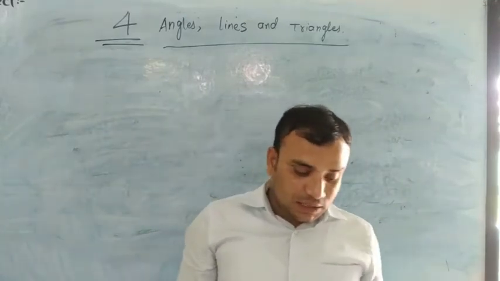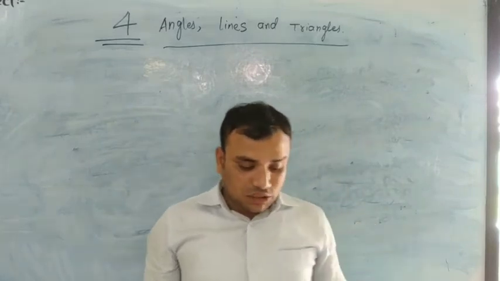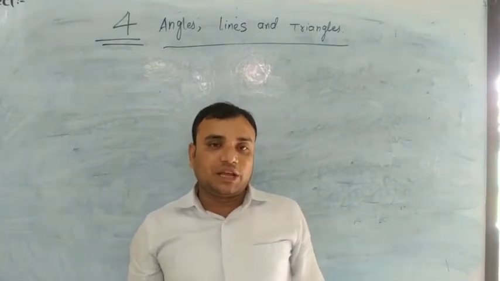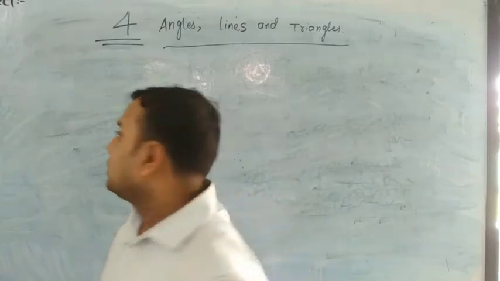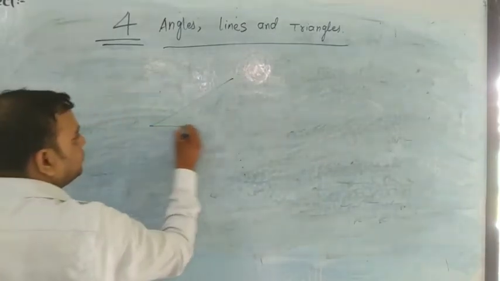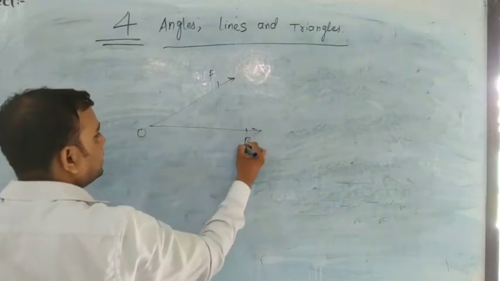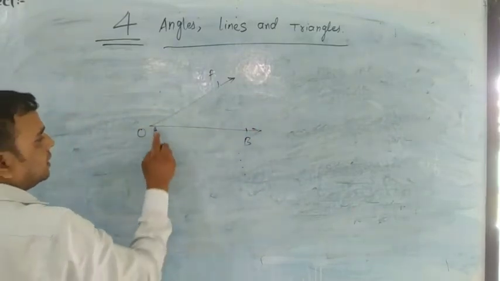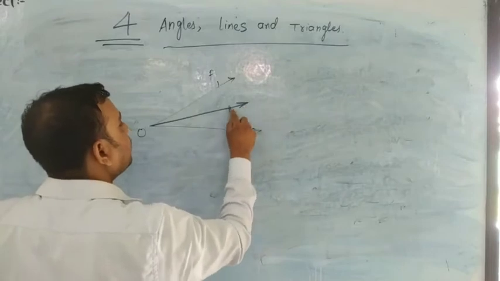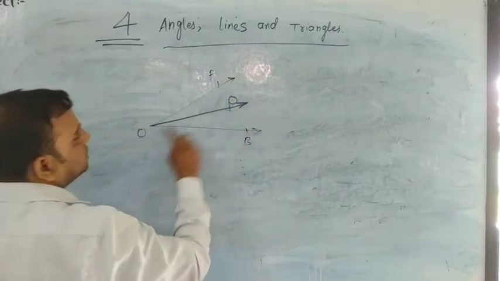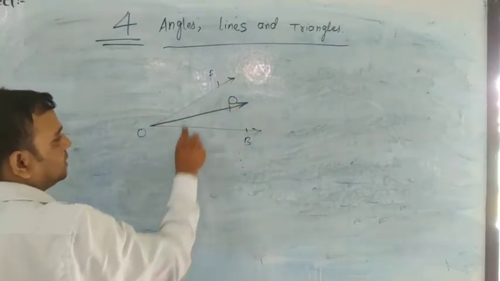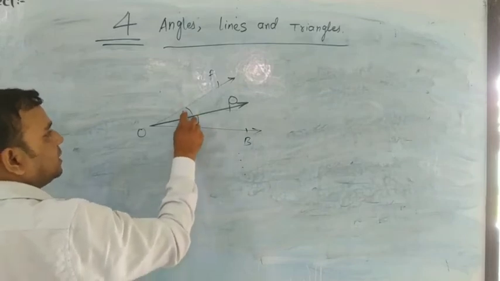Bisector of an angle: a ray OC is called the bisector of angle AOB. If angle AOB is 30 degrees and OP is the bisector of angle AOB, then angle AOP and angle POB are equal.